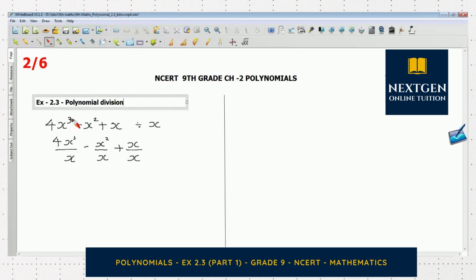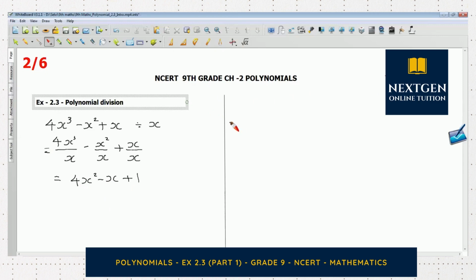First, I am taking the highest degree term, 4x cube, dividing 4x cube by x, and minus x square again by x, plus x by x. Four x square minus x plus 1. This is my answer for monomial division.